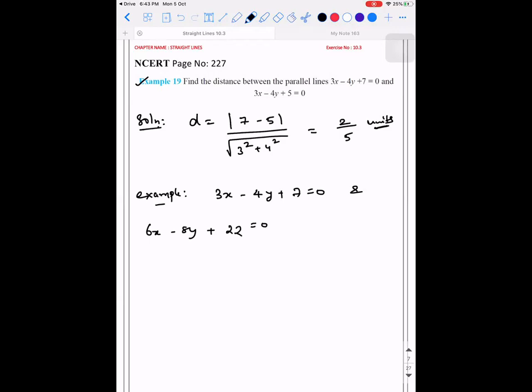Now you need to find the distance between these two lines. So first tell me, are these two lines parallel to each other? Yes or no?